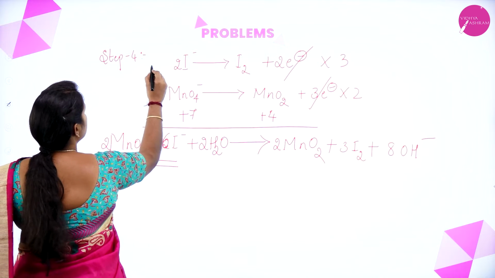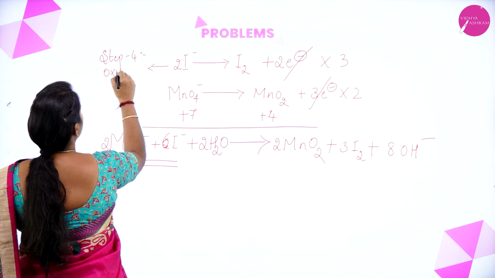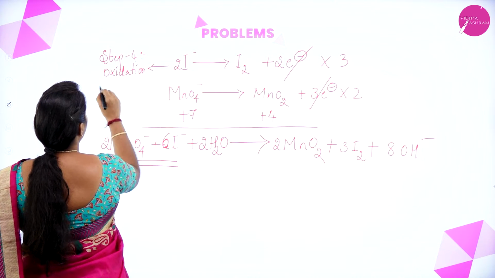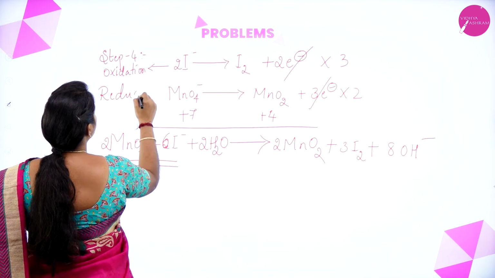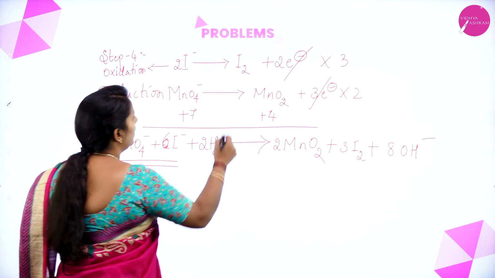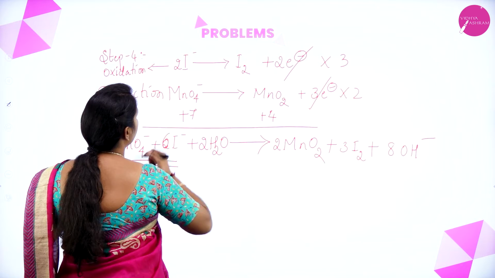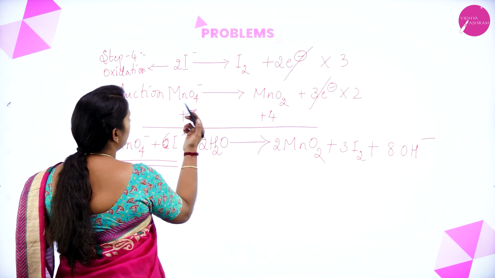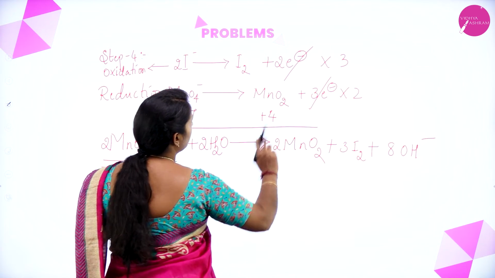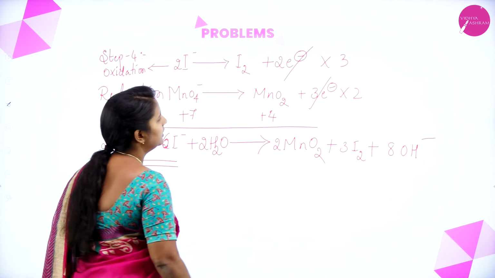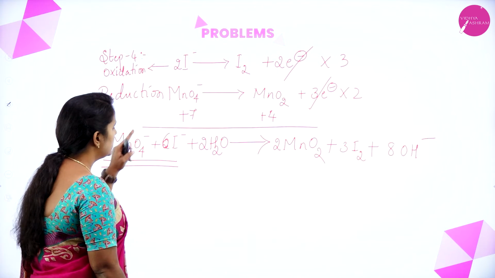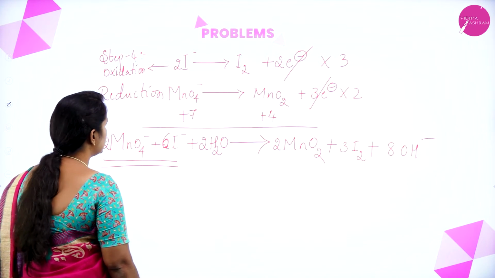Remember, this is an oxidation and this is a reduction, where iron will lose 2 electrons, whereas MnO4 minus goes from +7 oxidation state to +4, hence it is a reduction. So 3 electrons will be gained, hence I multiplied with the 3, and the 2 electrons with the 3. So I will get this final equation like this.